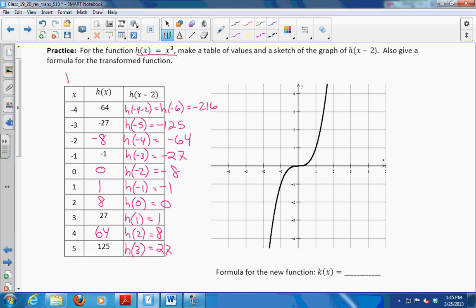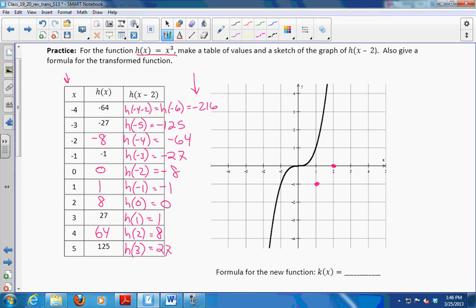So then I'm going to plot x, comma, y. Okay, so a lot of these I can't even fit on here. So let's do negative 1, negative 1. The first y value that will fit on my graph is negative 1, so that's 1, negative 1. 2, 0 is on my graph.